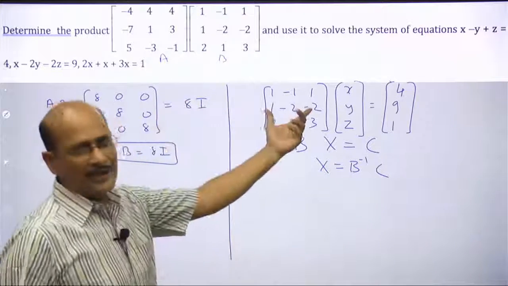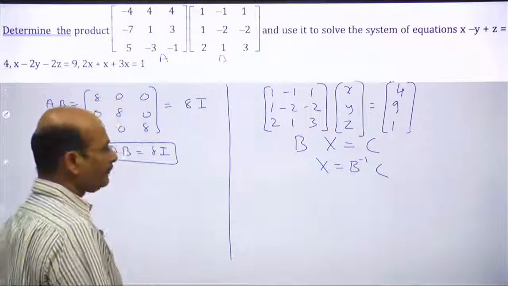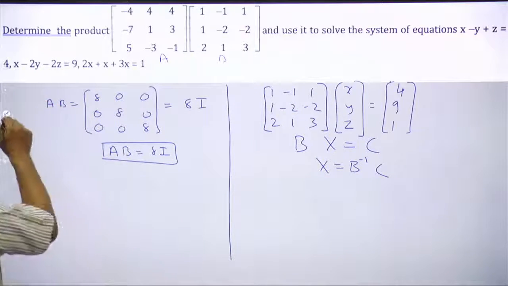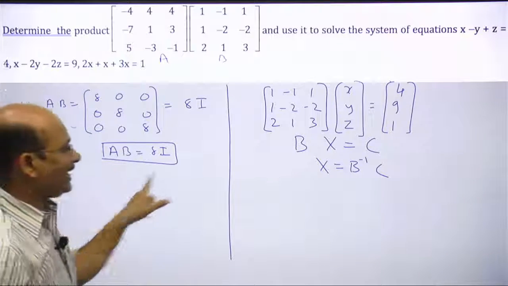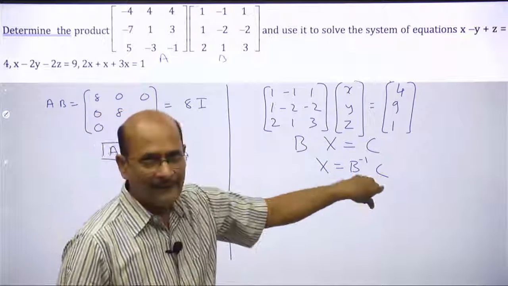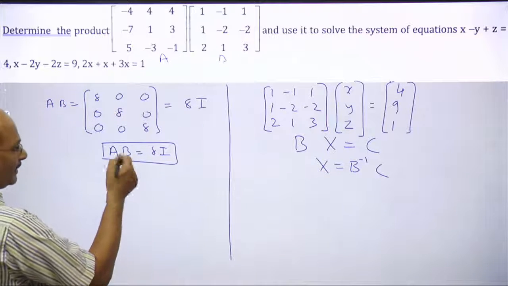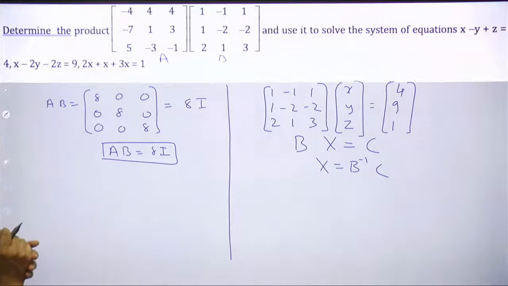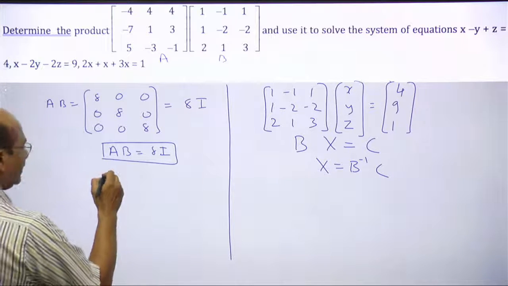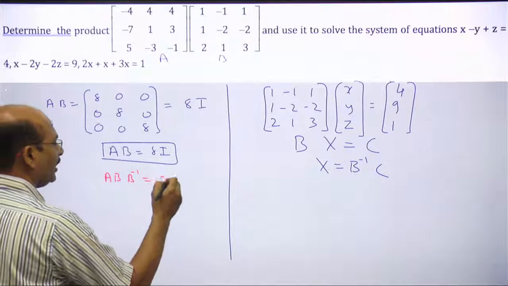If you find the determinant of B, they are saying solve the system of equations, so it will be solvable. Now remember, you have to use this result and get B inverse, because C we already have. How do I get B inverse? Post multiply by B inverse. So AB B inverse is equal to 8 B inverse.